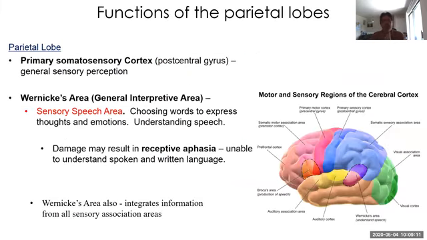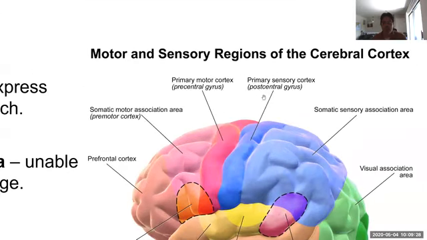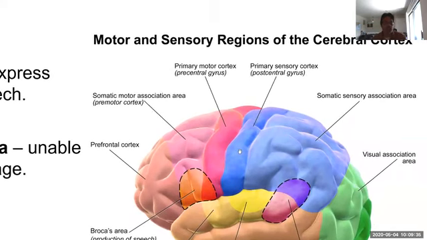All right, now as we move back to the parietal lobe, the parietal lobe is going to be the main sensory input area, at least for the general senses. Right behind the central sulcus, we have the postcentral gyrus. And here we can see the postcentral gyrus right here. We like to think of this as what we call the somatosensory cortex.